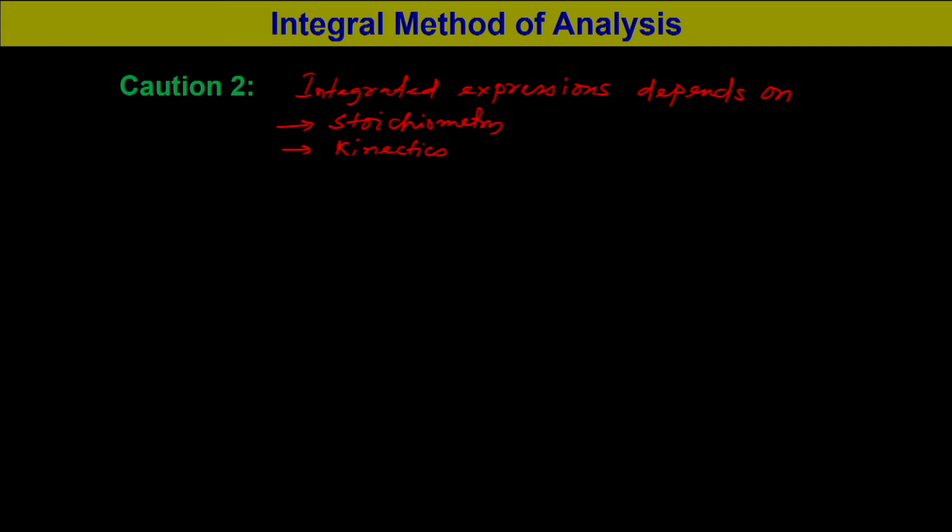Let us take an example. A reacts with twice B and produces products.